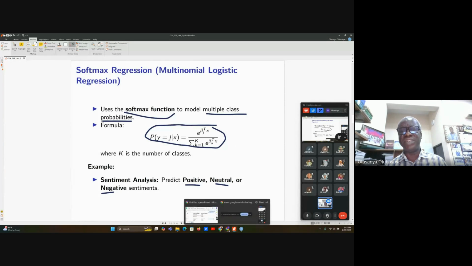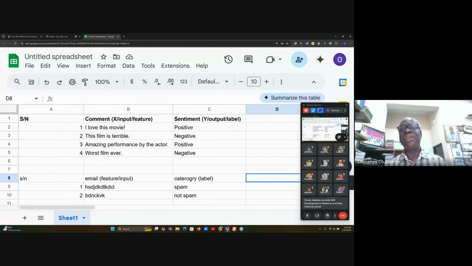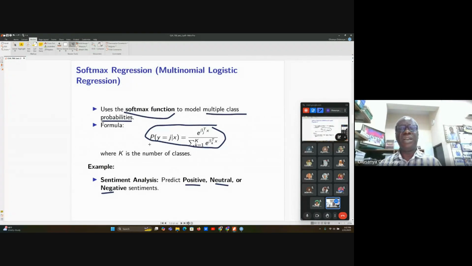But in the one we are demonstrating, we are only using 2 categories, positive or negative. But if your study requires up to 3 groups, then rather than using the sigmoid function, you use the softmax function.